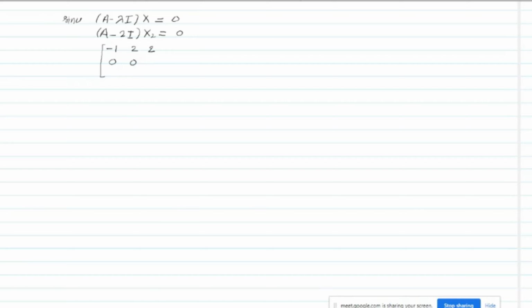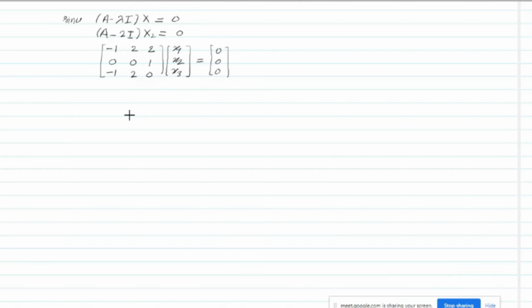And 1 as it is, 1, minus 1, minus 1, 2, 2, 0. Yes, 0. So x is what? x1, x2, x3. And this is equal to 0, 0, 0.